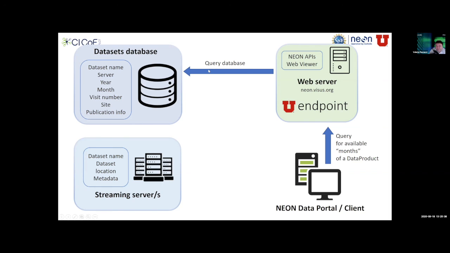It will relay the request to a database, so we can do all the sources of the data, let's say the original data from the NEON infrastructure. The information is relayed back, so we will know how much data is created and what needs to be transferred and so on to update the server.